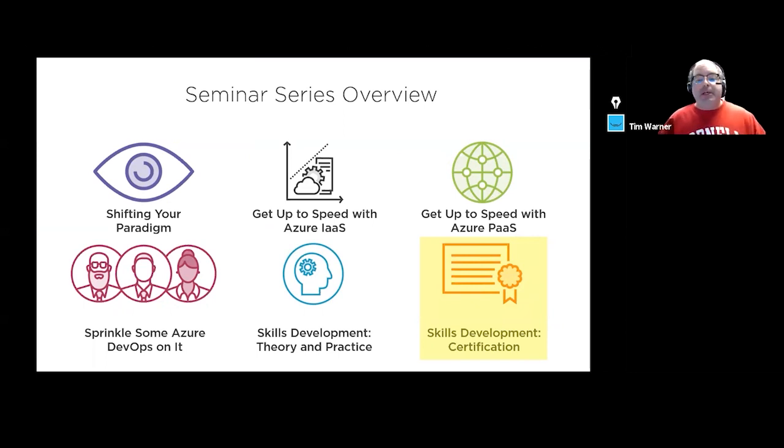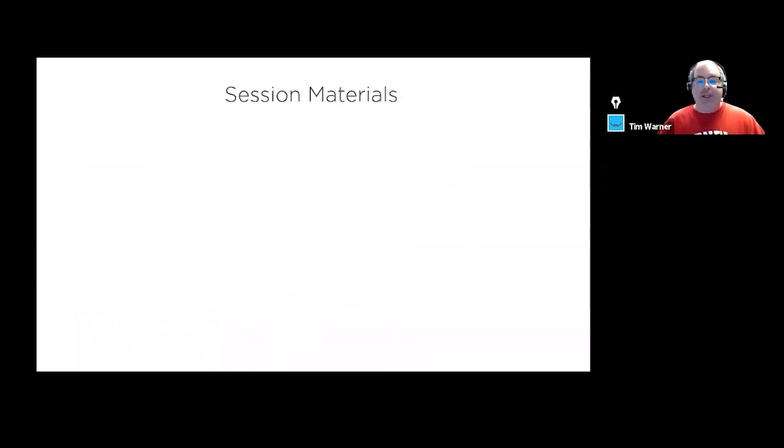The next 3 sessions were about different aspects of the Azure cloud. We started with IaaS, Infrastructure as a Service. Then we looked at platform services, and in session 4, Azure DevOps. And in last week's session, we looked at skills development in terms of figuring out what your best learning style is, how you learn most efficiently, and all of that kind of stuff. And today, of course, we're doing certification.